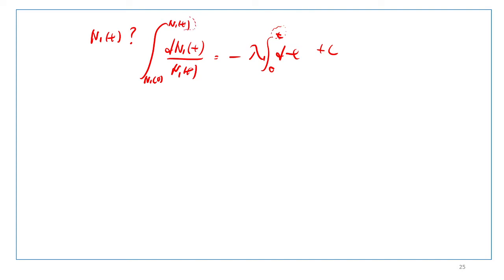So what is N1(t) that we are asking for here? If you solve the integration, you will get ln N1(t) to N1(0) equal to minus lambda t plus c.